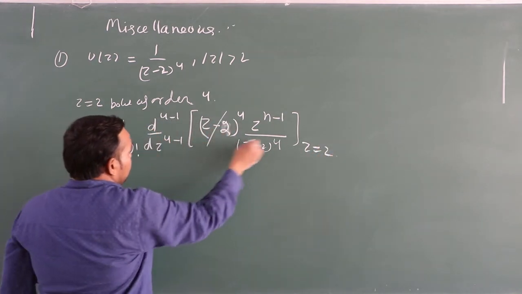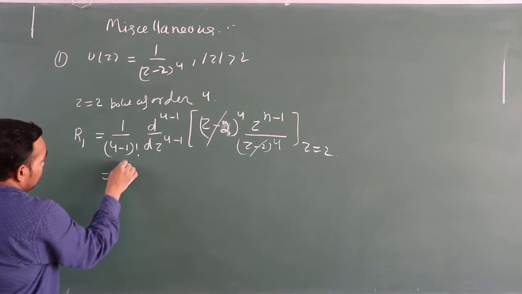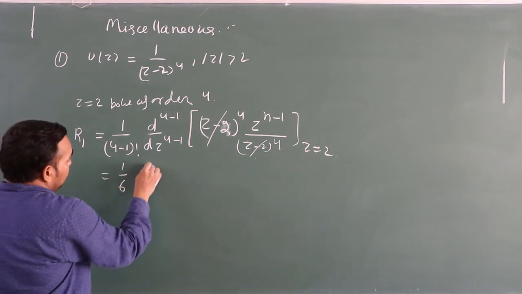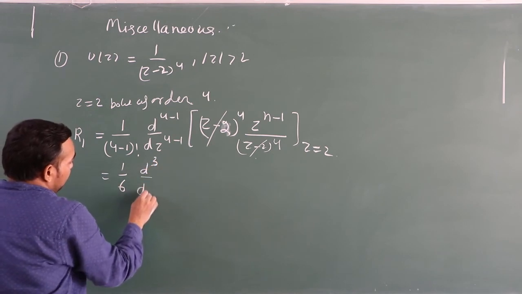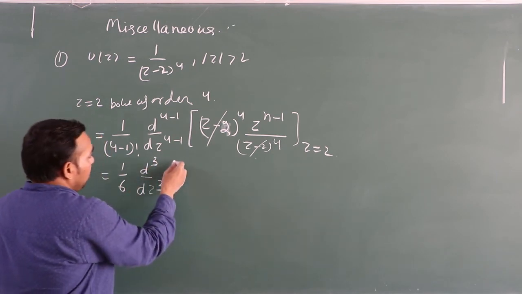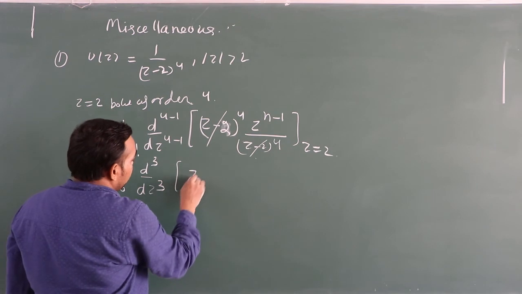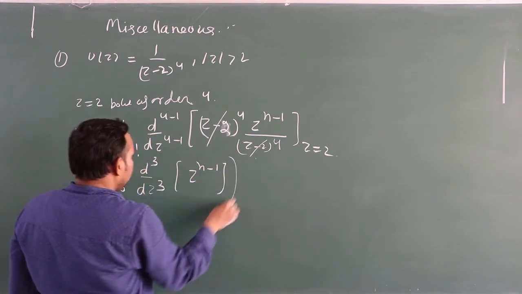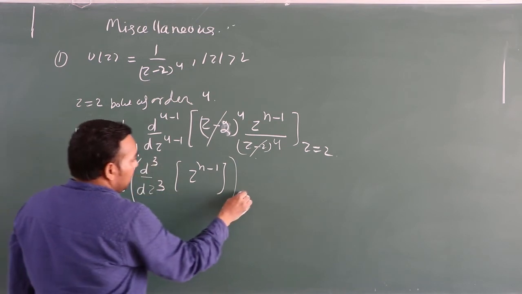So this cancels out, and this is 1 upon 3 factorial, that is 6, d cube upon dz cube of z to the power n minus 1, at z equal to 2.